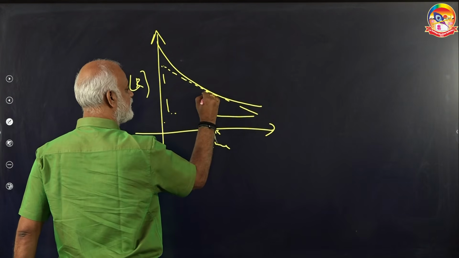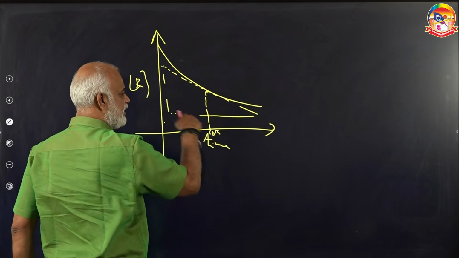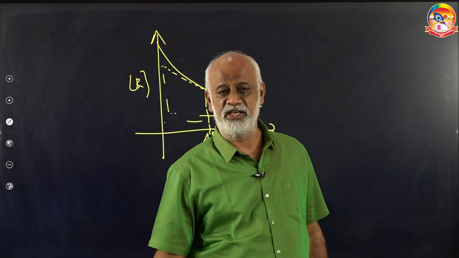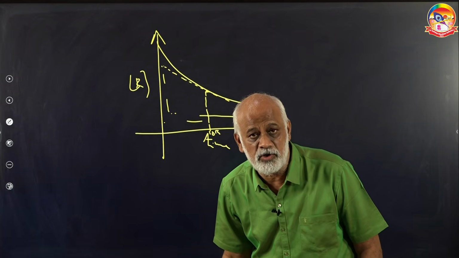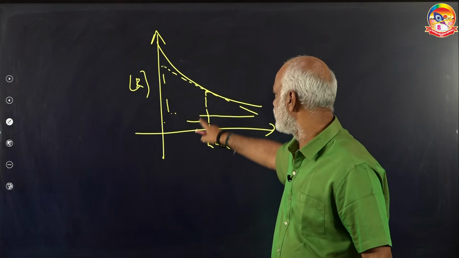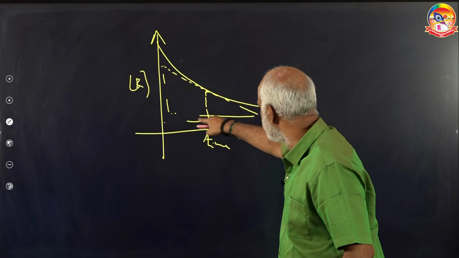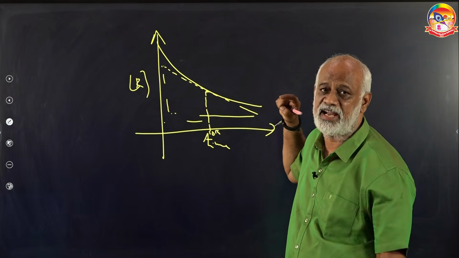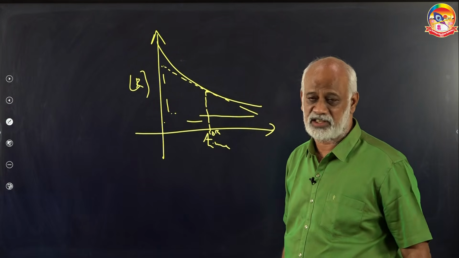For this particular point at the 10th minute, you find the slope. The slope calculated for the tangent that you draw always talks about the instantaneous rate. That slope of the tangent will tell you exactly what the rate of that reaction is at the 10th minute.